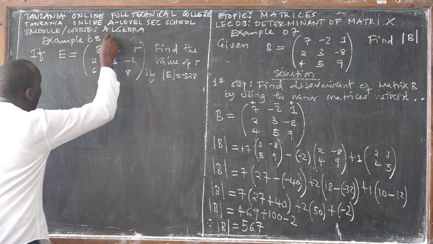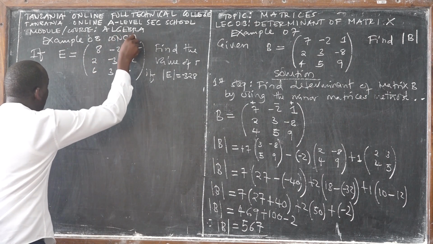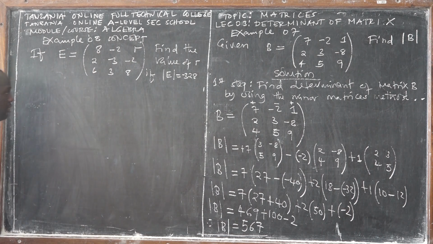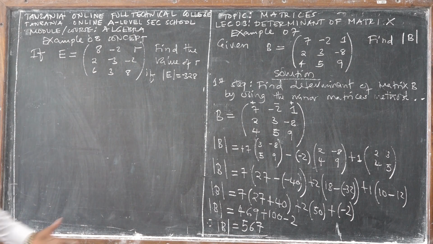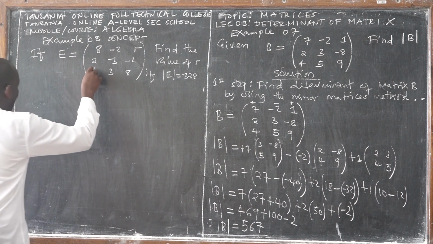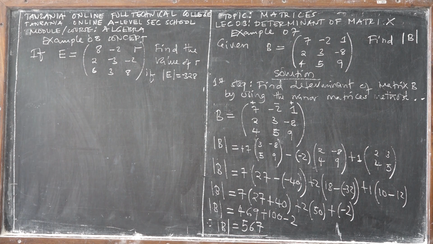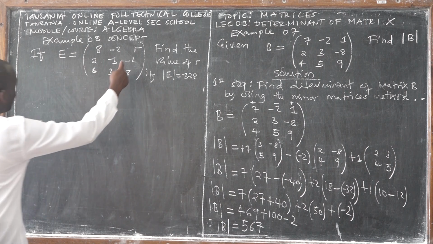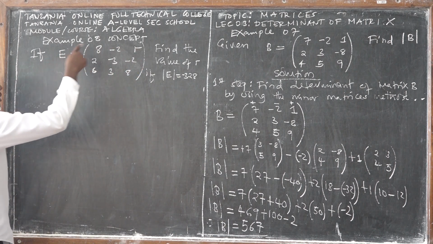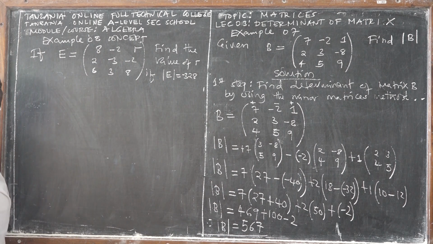So this is a kind of conceptual question. You have to pause. We have that example that we have to deal with. We've been given a 3 by 3 matrix with how many elements? With 9 elements. But one of the elements is unknown, which is the third element in the first row, the first element in the third column.